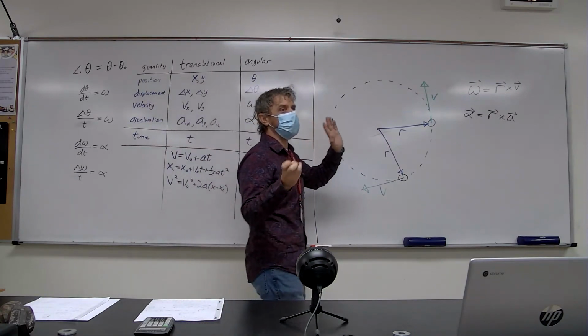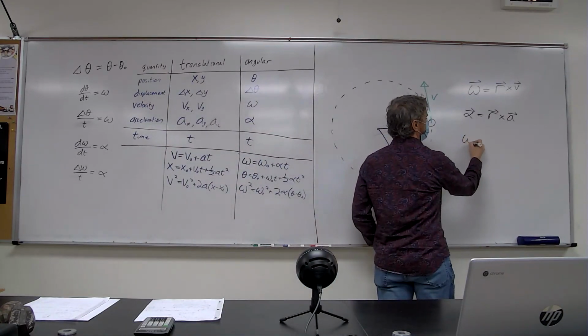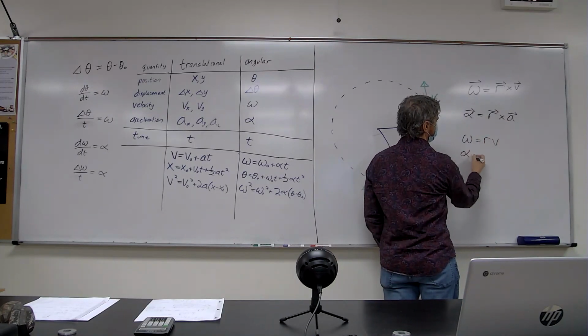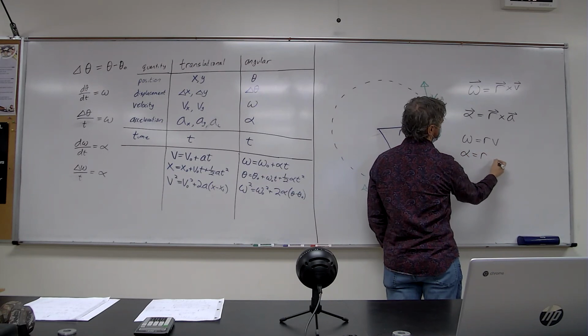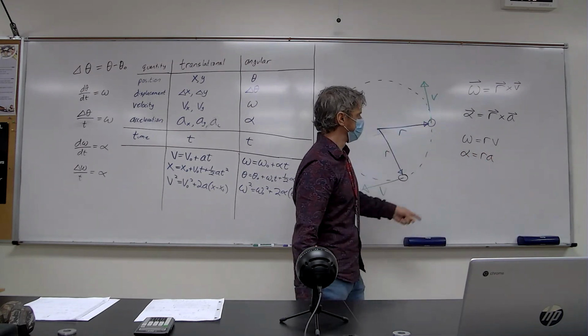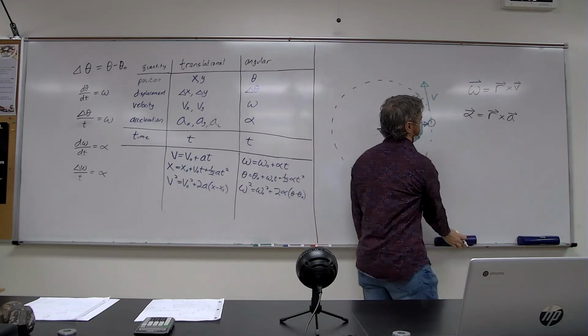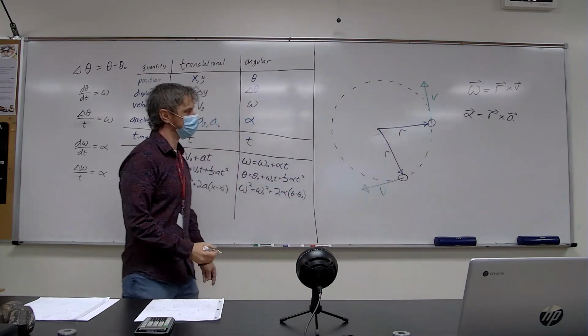If we have perfectly circular motion, omega is simply r times v. Alpha is simply r times a. Right? But that's the important part for now.